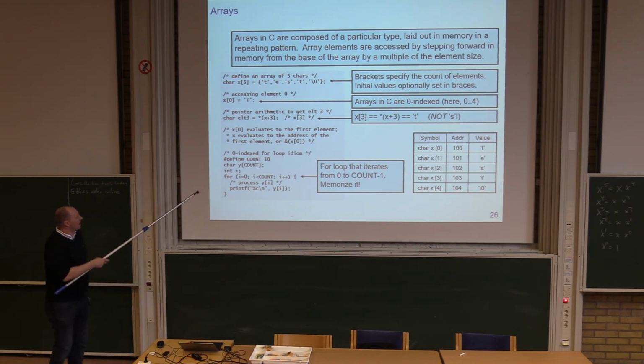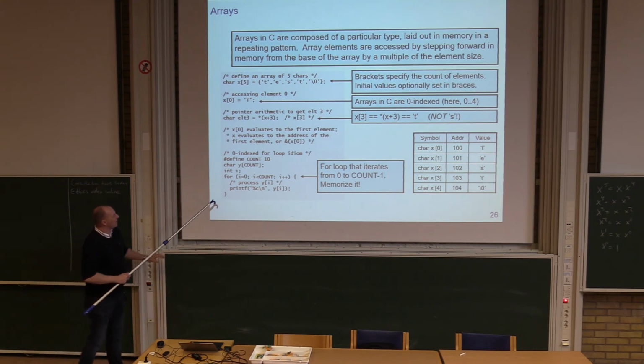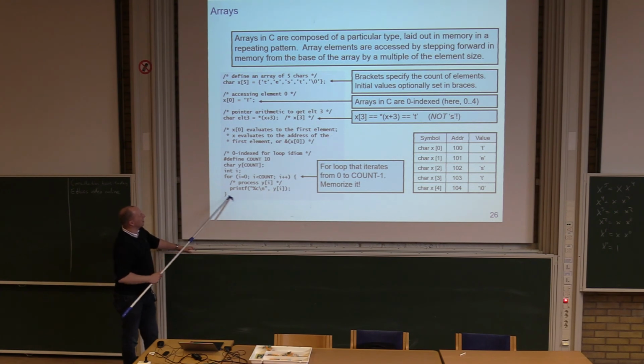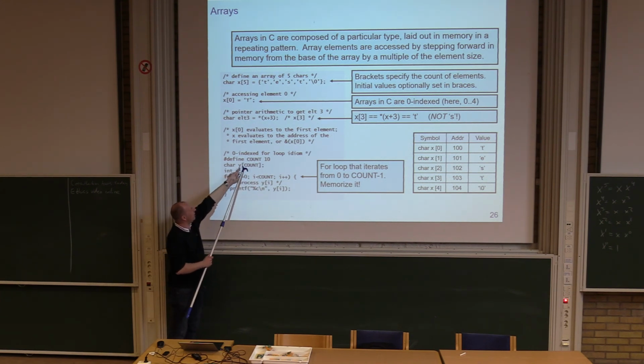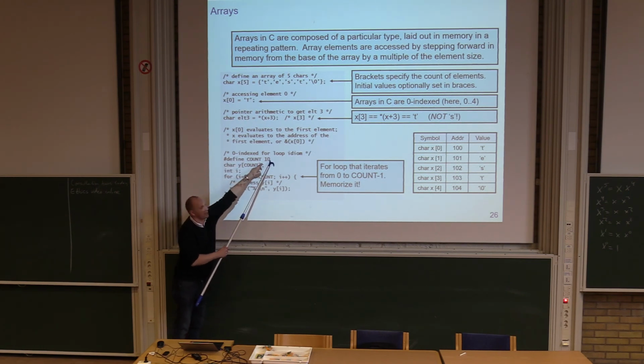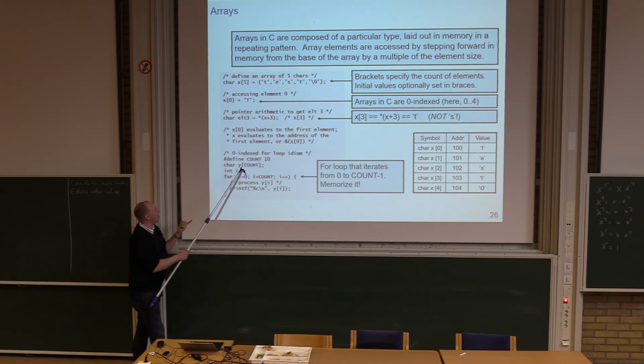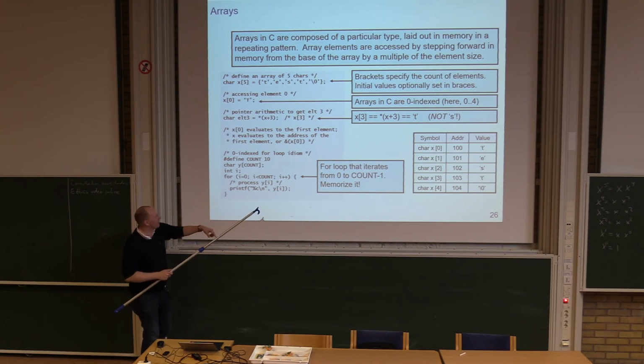And something you will see if you start to look at control code written in C is something like this: for loops. It's a very common way to iterate over an array. For example, here you have an array of count elements, and count is declared here to be 10. So you have an array with 10 elements, and then you would like to do something on every element.